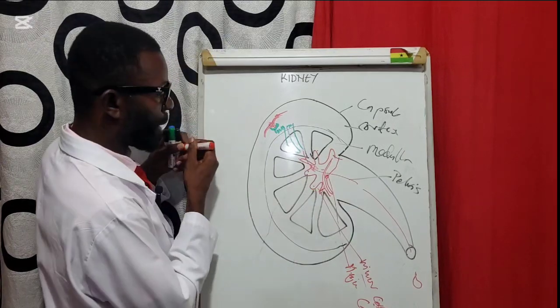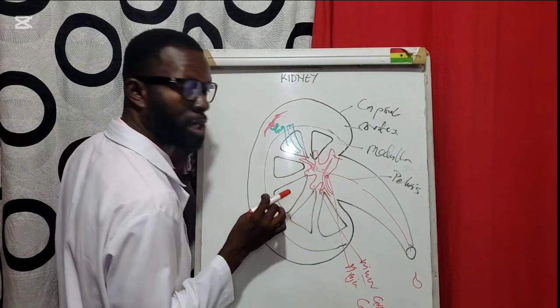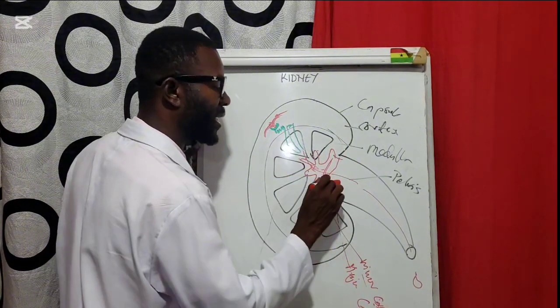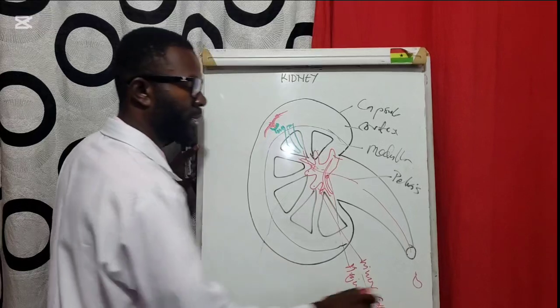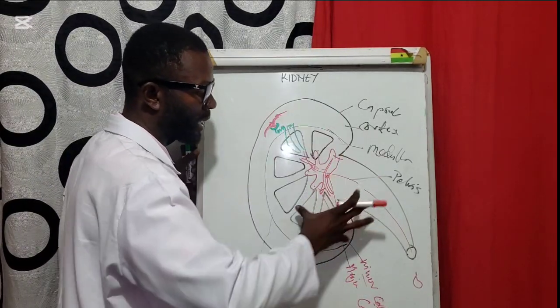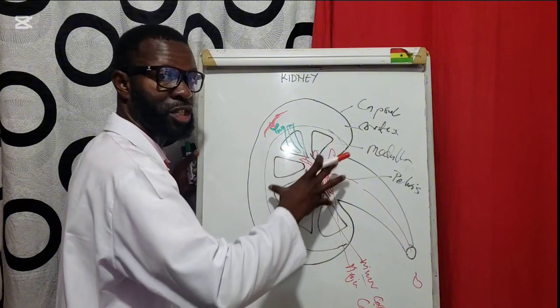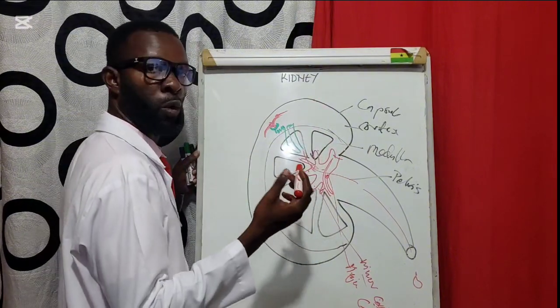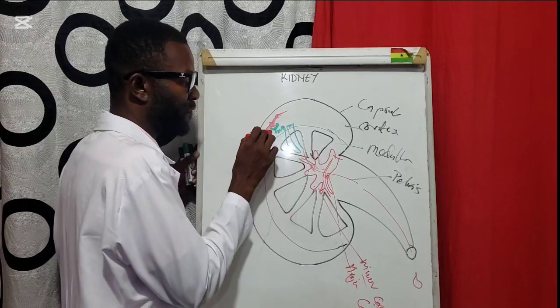So the minor calyx receive the urine, and then it goes through what? The major calyx, and then it now moves to the pelvis, and then it goes out through what? The ureter. So these are some of the parts and their functioning in what? In the kidney. So in our next video, we will focus on the nephron, okay?